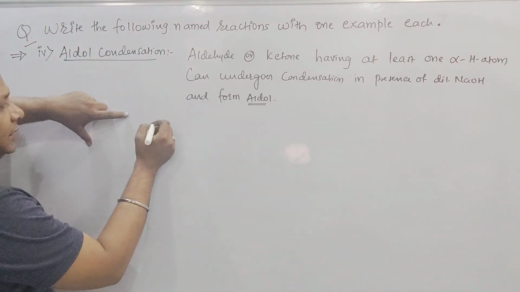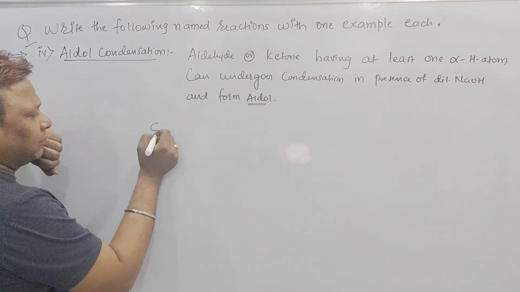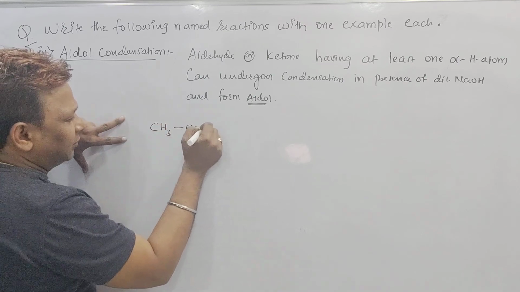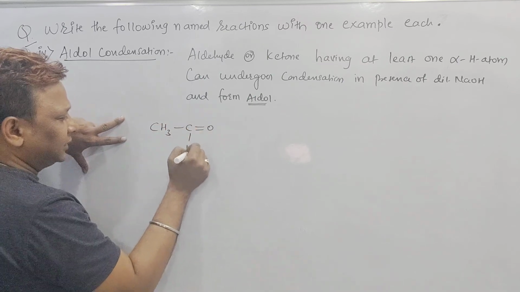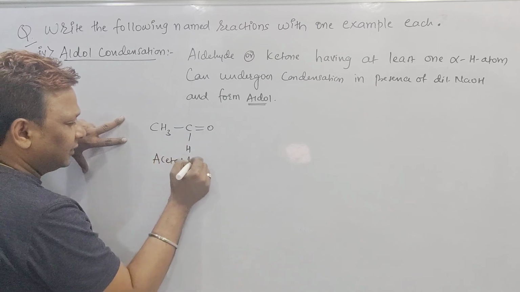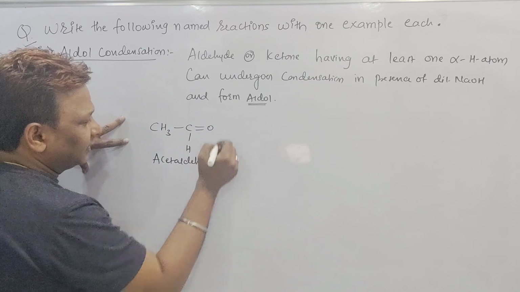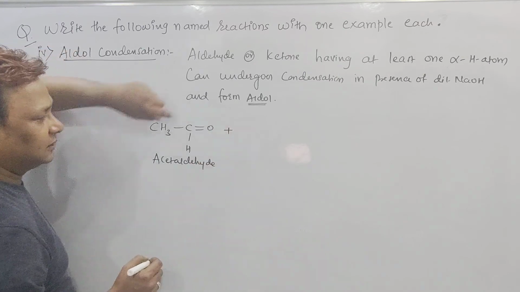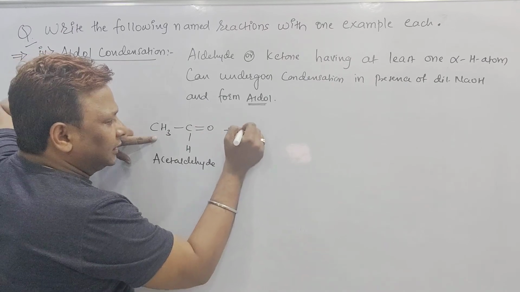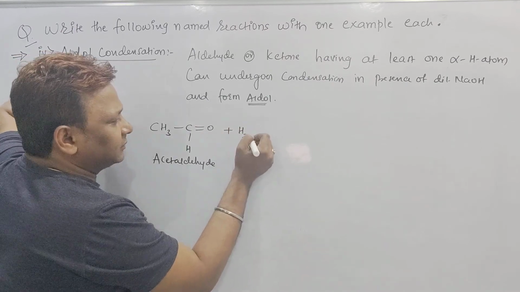Here this is the aldehyde. Aldehyde can be written in the form of CH3C double bond OH. It is called aldehyde. You can say this is also called acetaldehyde. But how many, 2 moles should be there? One aldehyde you can write in this way, and other aldehyde you can write in this way.